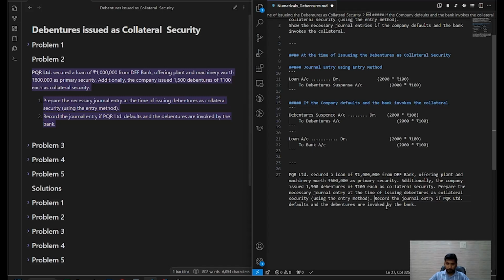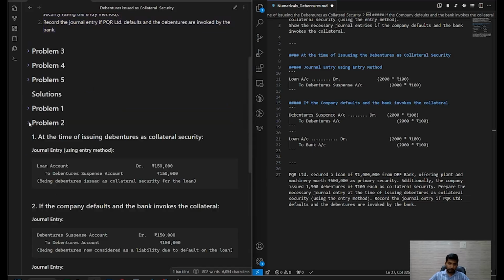Additionally, the company issued 1500 debentures of rupees 100 each as the collateral security. Prepare the necessary general entry at the time of issuing debentures as the collateral security using the entry method. Record the general entry if PQR defaults and debentures are invoked by the bank.